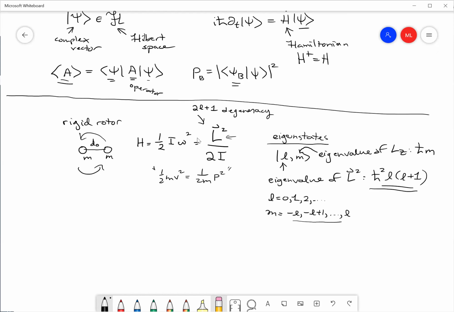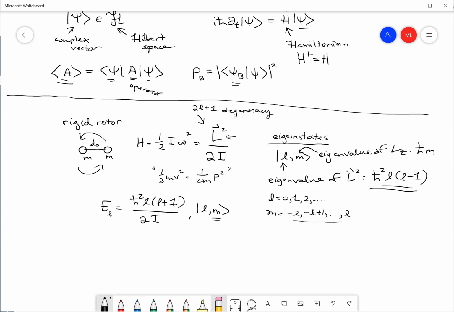And again, the energy levels are labeled by this L, and it's just h bar squared L plus 1 over 2I. Those are the energy levels, and these are the energy eigenstates, and again, there's this degeneracy.